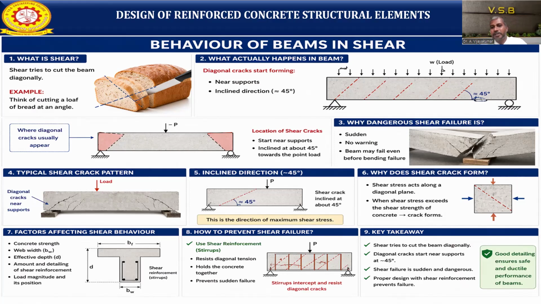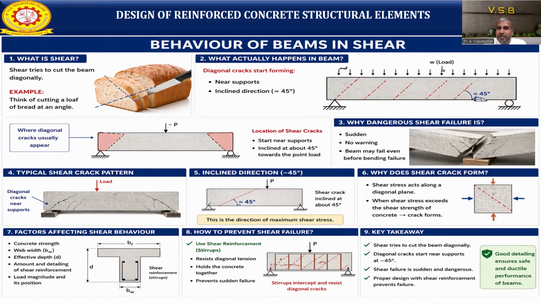What are the key points we discussed about shear? Shear tries to cut the beam diagonally. We need to understand how shear behaves in a concrete structure compared to flexure. Diagonal cracks start near the support section, at approximately 45 degrees, going towards the load point.